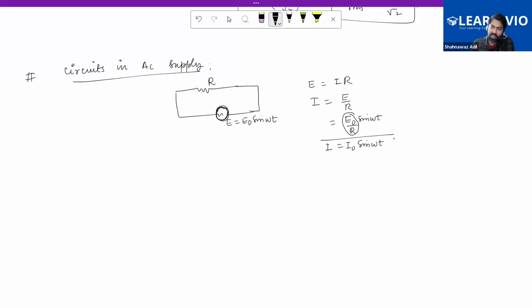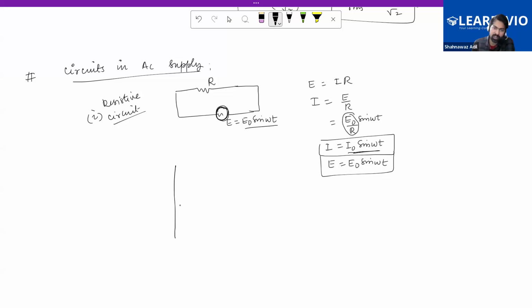So you see that in a resistive circuit, the current is in the same phase as the voltage. E is E naught sine omega t, and I is the same.